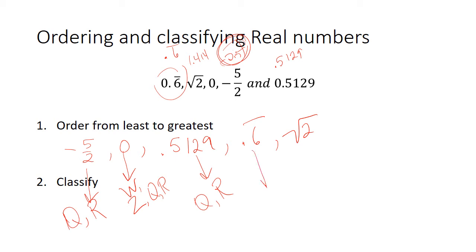This one is a repeating decimal, so we would say it is rational and real. This one actually doesn't terminate, even though we stopped it at that 4. It is the square root of a non-perfect square, so we would say this is irrational. And if it is irrational, then it has to be real. So all of these numbers are going to be real, because that's what we're working with, our real numbers.